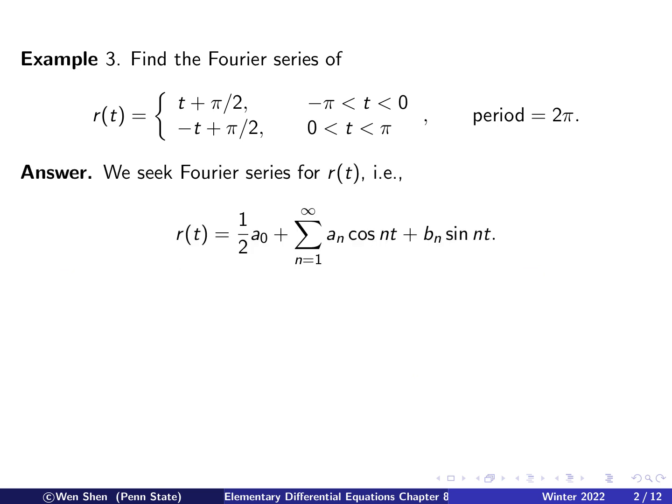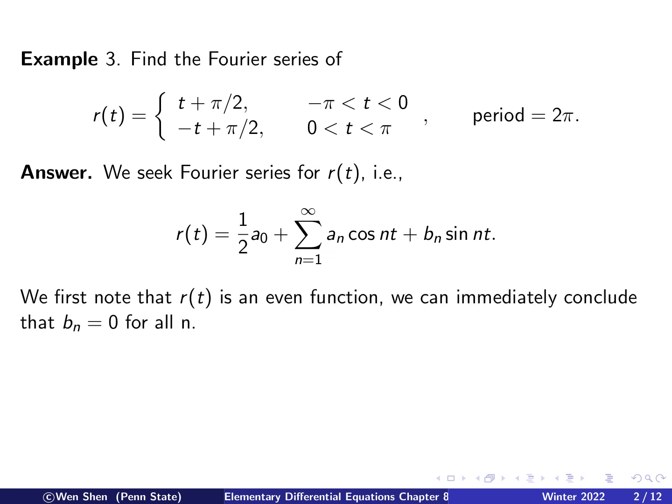Now let's seek the Fourier series for this function r, and let's write it out. This is the Fourier series with a constant term and then cosines and sine functions.